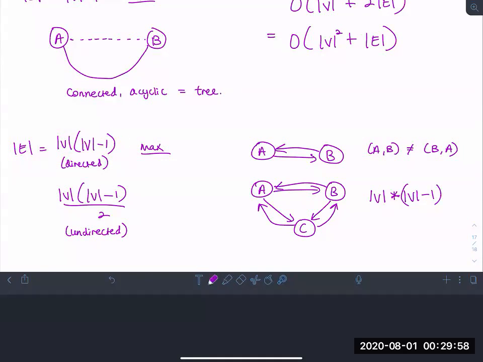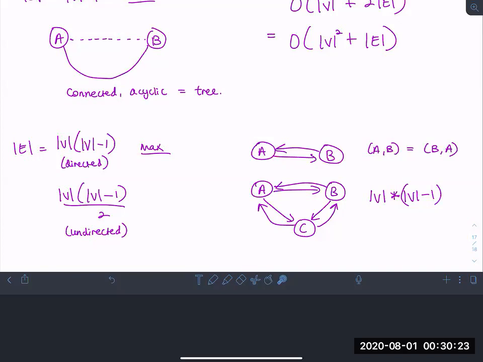Now what about the undirected case? Remember that for an undirected graph, these two edges are exactly the same. So here, AB, an edge going from A to B, is exactly the same as an edge going from B to A. In other words, for every two edges that go between the same pair of vertices, I only count them as one.